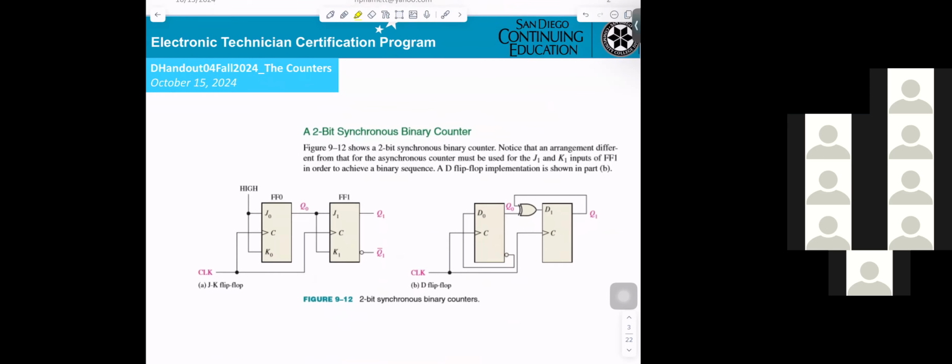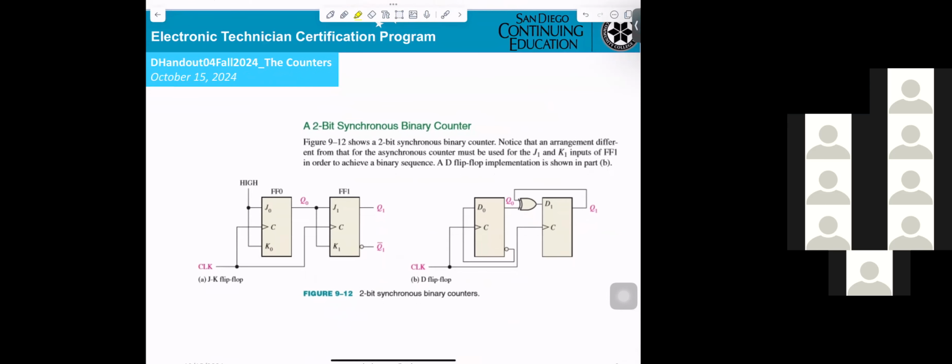Now, next one, synchronous binary counter. The difference is, this is the clock, and the clock connects to the first one, and also to the second one.